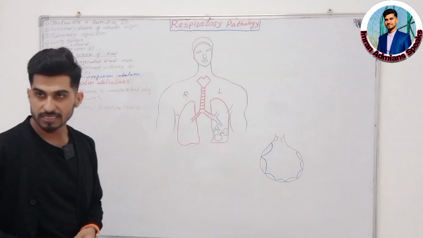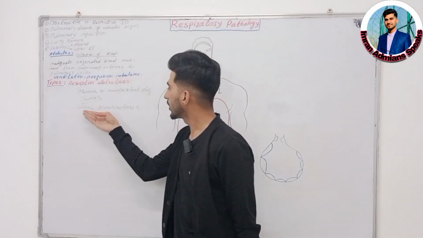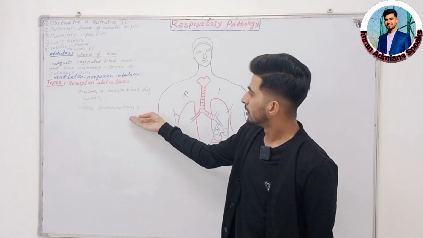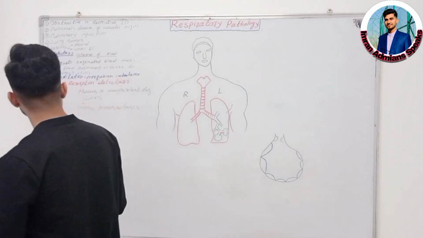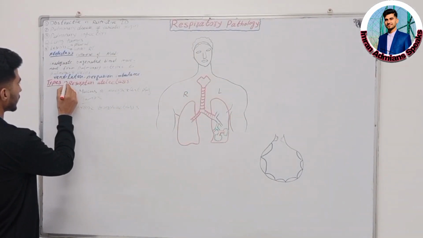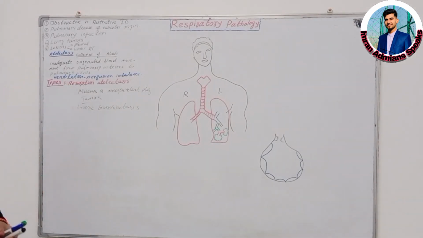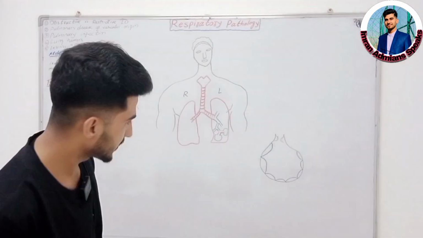Now we will discuss the complete mechanism of chronic bronchitis. After that, number two. This is type number one. This is finished.